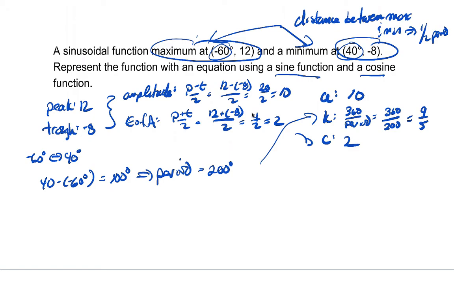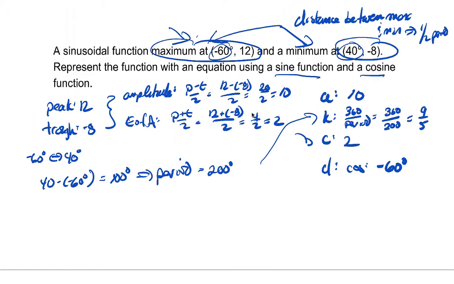So right off the bat, we got 3 parts of our 4 equations. And the reason why I said that it's easier to start with the cosine is because we know that cosine always starts at the maximum. So in this case, for the D value for cosine, this is going to be a phase shift of 60 degrees to the left. So the D is going to be negative 60 degrees.